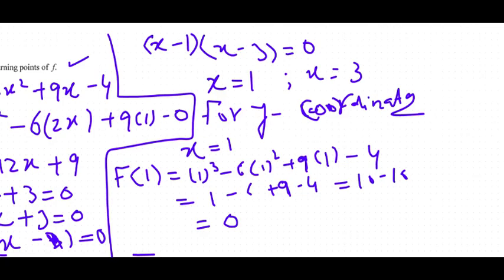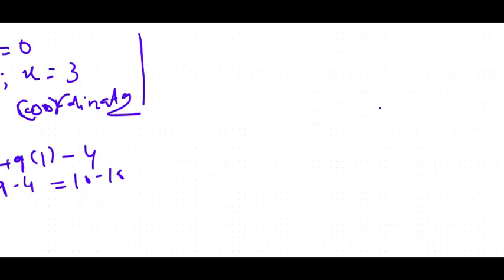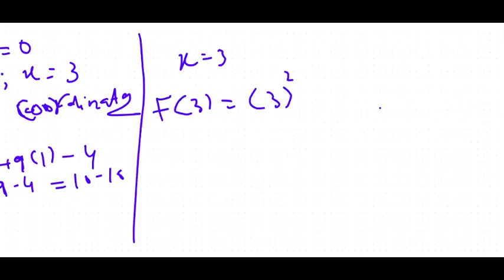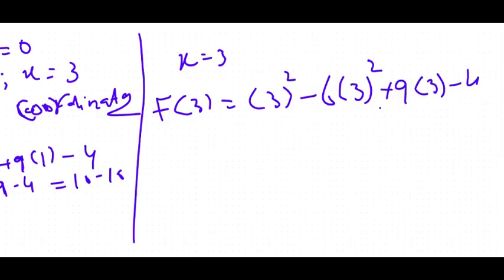What do we do next? When we put x equals 3 in the function, we have 3 cubed minus 6 into 3 squared plus 9 into 3 minus 4. 3 cubed is 27, minus 6 times 9, which is 54, plus 27 minus 4.